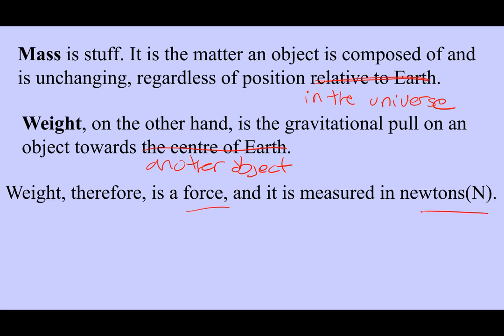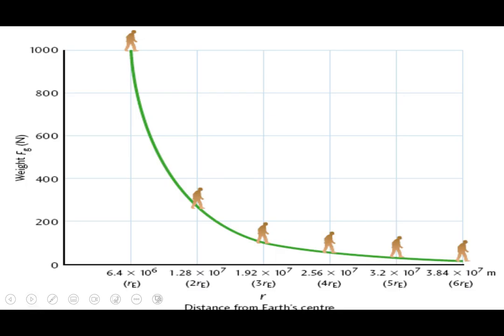So I'm going to go pretty fast here because I can't see you guys writing and ask, hey, does anybody need more time? So you guys are going to have to pause it when you need to. So weight, or the force of gravity, is going to be at a maximum near the Earth, at the radius of the Earth. The radius of the Earth is 6.4 times 10 to the 6 meters. But it drops off really quickly.